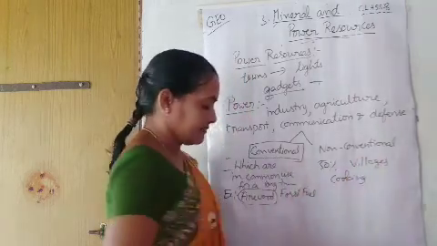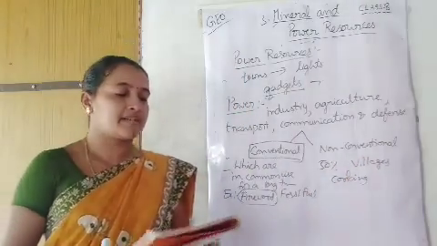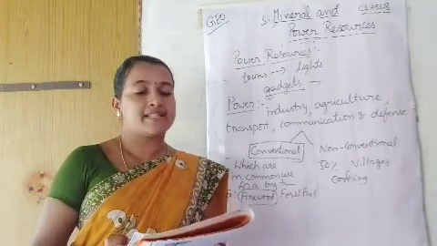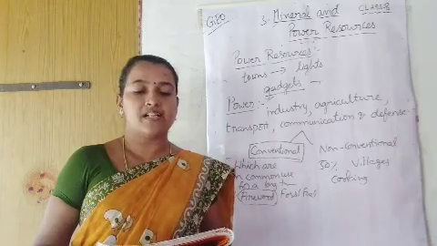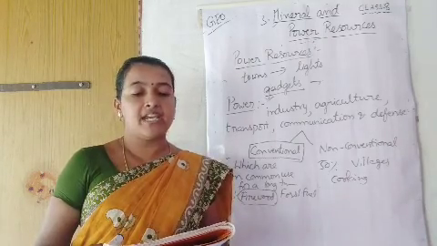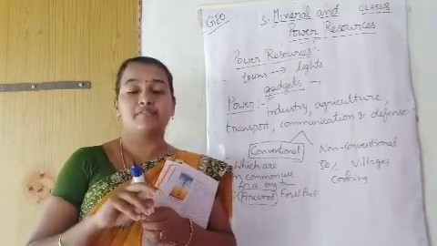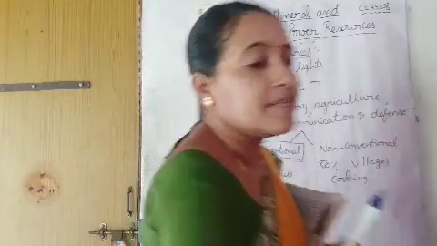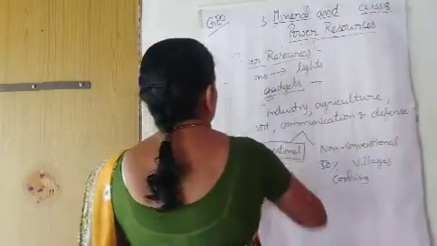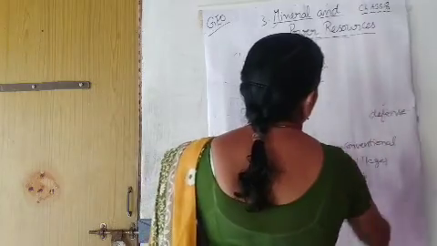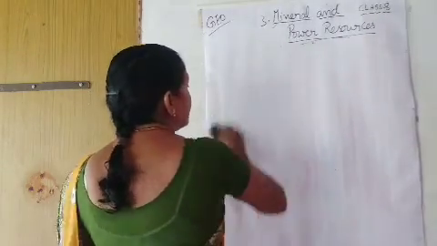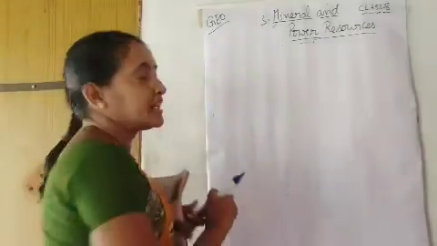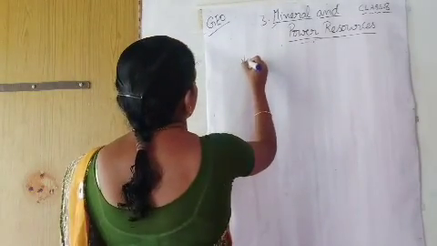In villages. Okay. Next. Remains of plants and animals which were buried under the earth for millions of years got converted by the heat and pressure into fossil fuels. Millions of years ago, when natural disasters occurred, there was a huge loss of lives, maybe plants and animals.